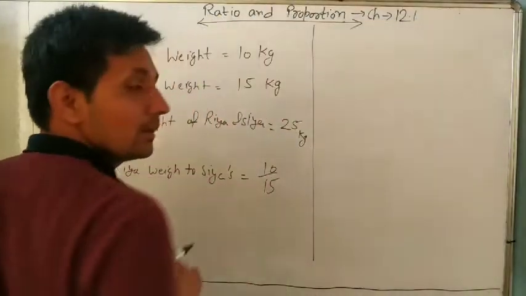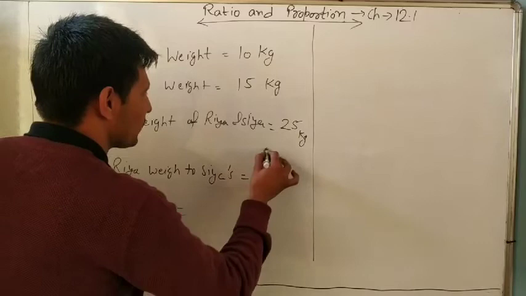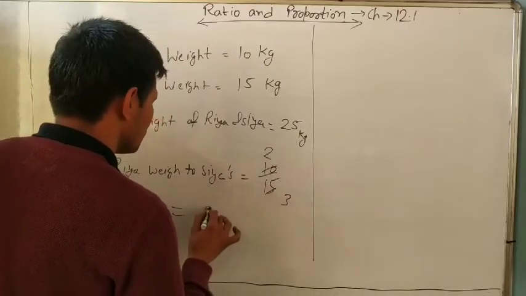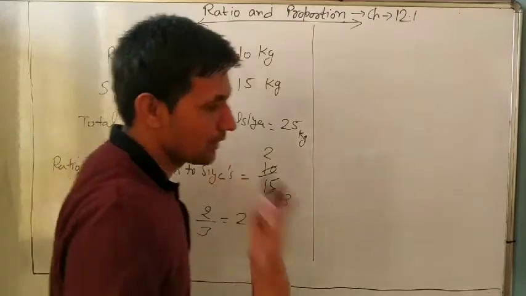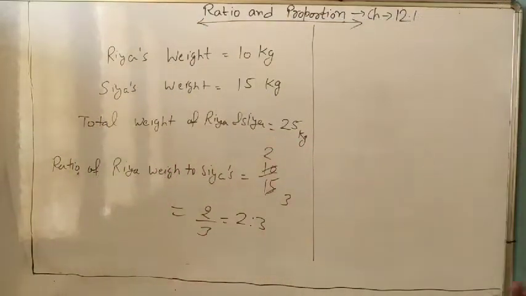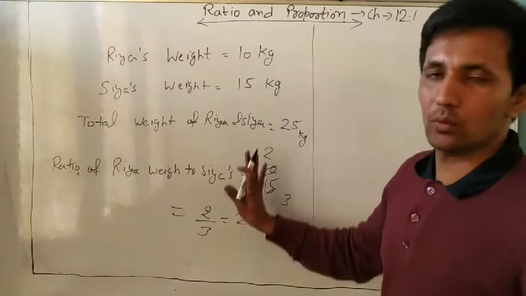It is very simple. Understand or not? Dividing by 5, 10 to 15 becomes 2 to 3. So the ratio is 2 to 3. We already learned this.